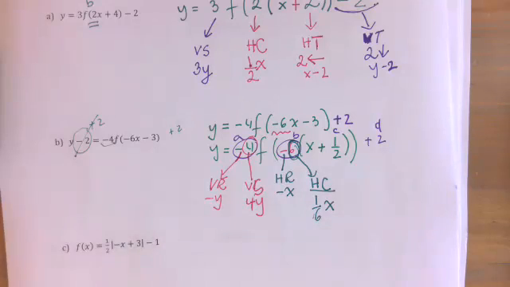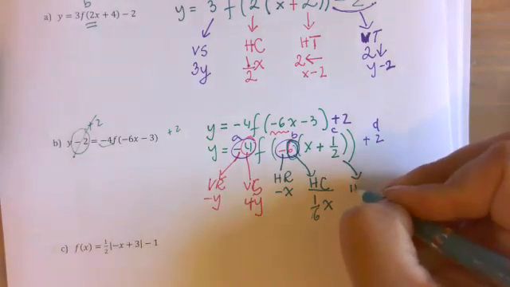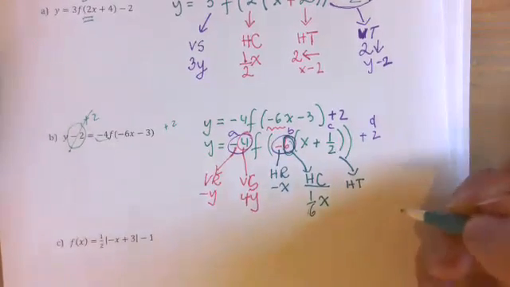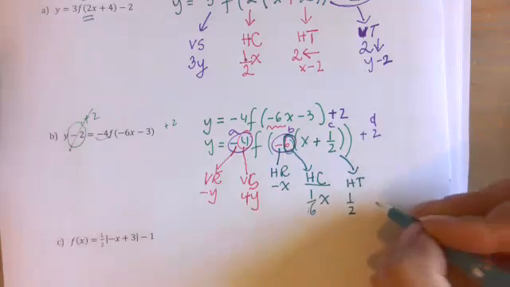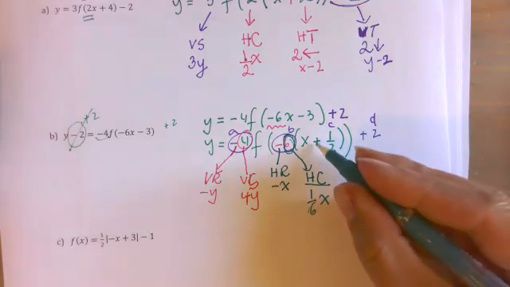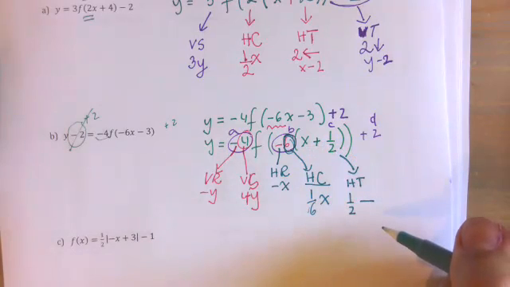Now we're going into the C parameter. That's a horizontal translation or movement shift. 1/2 unit. Now where, if it's positive here? Left or right? Left.